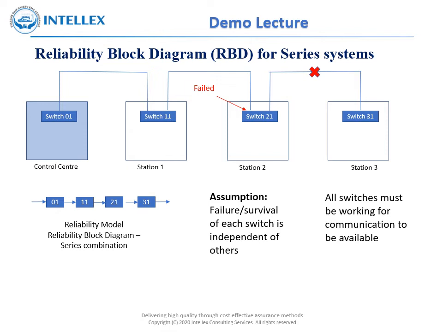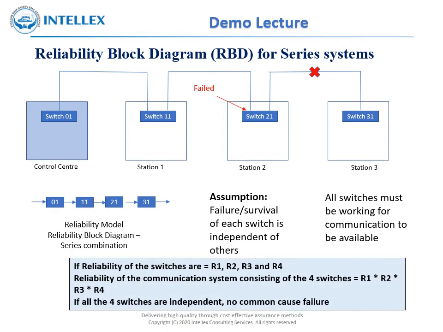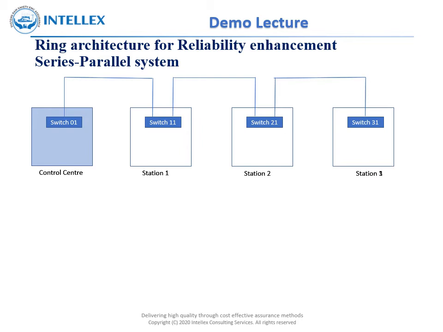If there is any common cause failure, the RBD must be modified suitably. In the present case, if reliability of the blocks are R1, R2, R3, and R4 respectively, the overall reliability of the system will be R1 into R2 into R3 into R4.